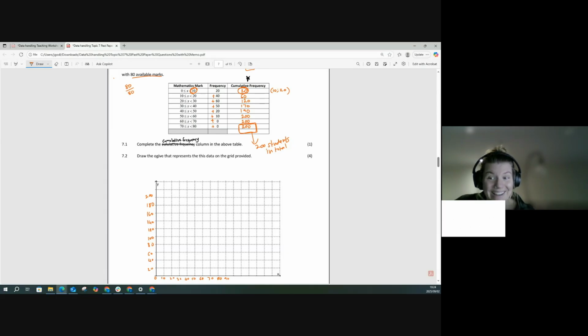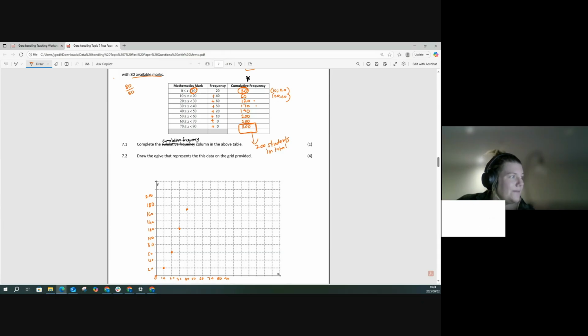Leander, did you get an S? I hope so. I'm going to find 10 and 20, and I'm going to draw my first dot. Remember, this one gets anchored. This one gets grounded. Next one I have is 20 and 60. Then I have 30 and 120. I've got 40 and 170.